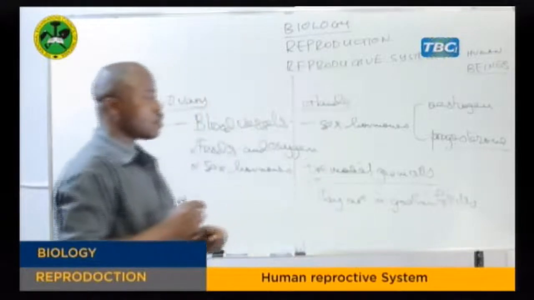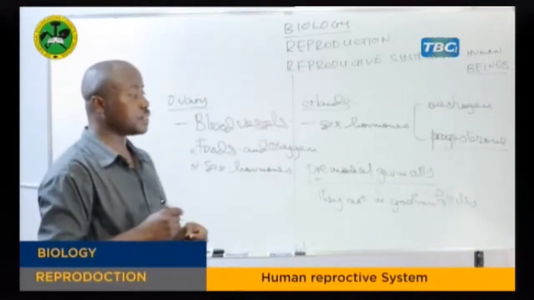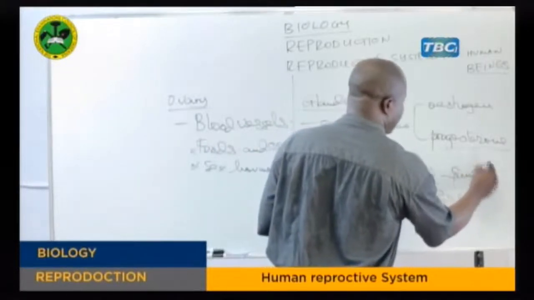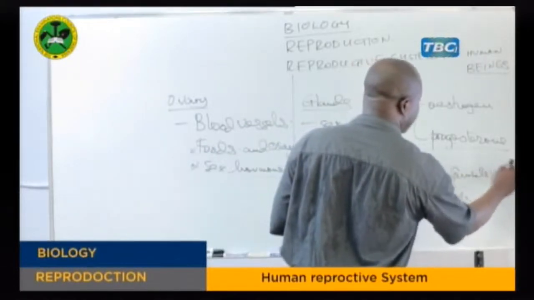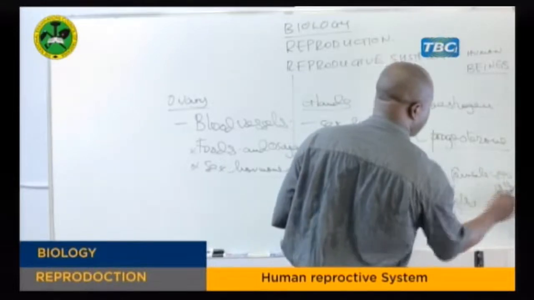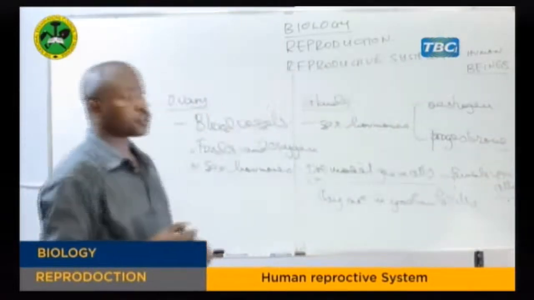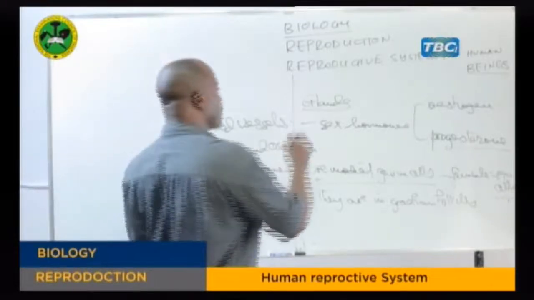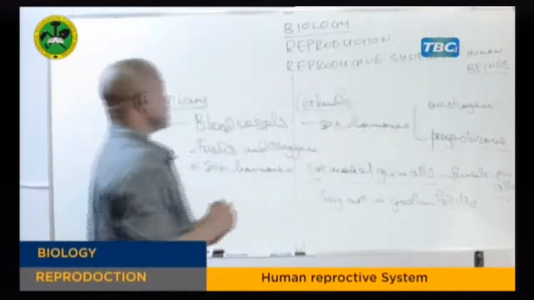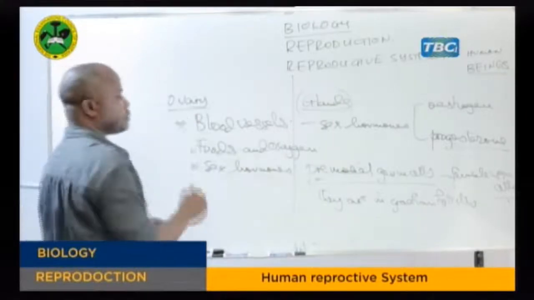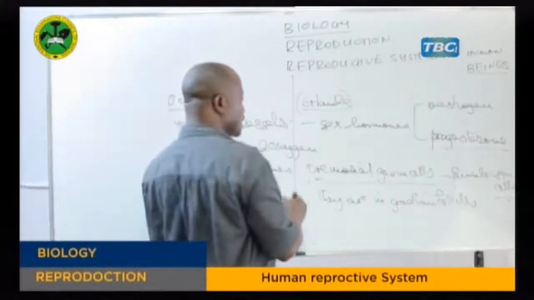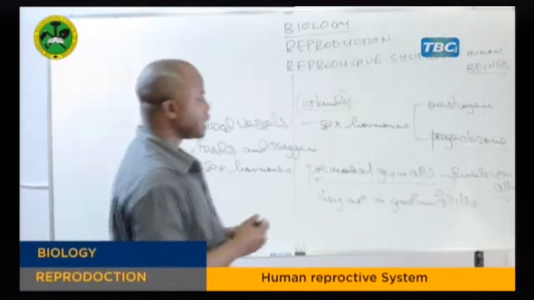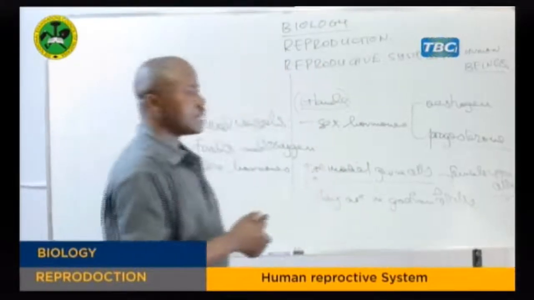Therefore, they undergo mitotic division and meiotic division to give rise to female sex cells. Therefore, to answer this question, you'll have to explain the role of this gland, the role of the blood vessels, and the role of the Graafian follicle that contain the primordial germ cells.